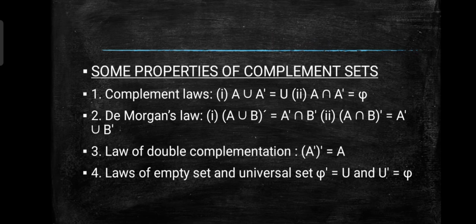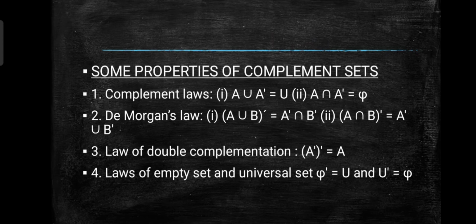So you're given a set A and not set A. A union not A would be the universal set, because that is the total part, A and not A. That will give you the total part, which is the universal set. And when you have A intersection A not, meaning that there's nothing in common between them. There's A and there's not A. So then you get the null set. So that is the complement law.